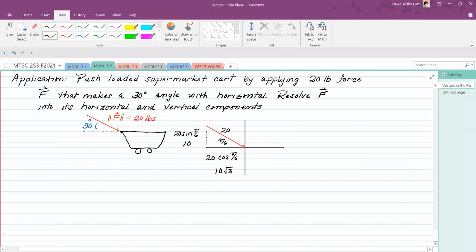But note that the force itself is going down. So therefore, its x component is going in the positive 10 root 3 direction. So I can write the force, but the y component is going down, so I have to write that as negative 10. And if I was going to write it in terms of i and j, I would have 10 root 3 i component, minus 10 j component.